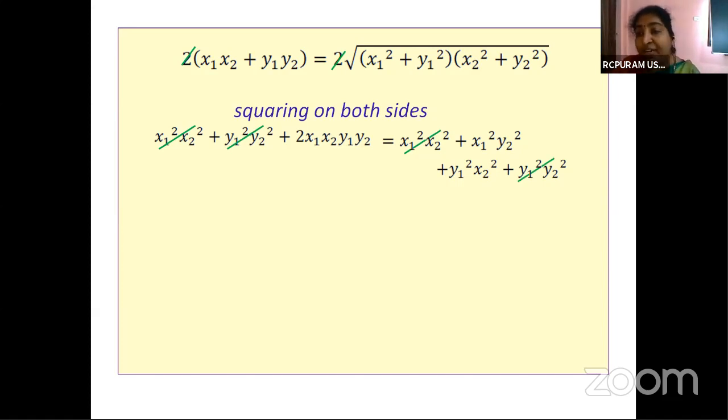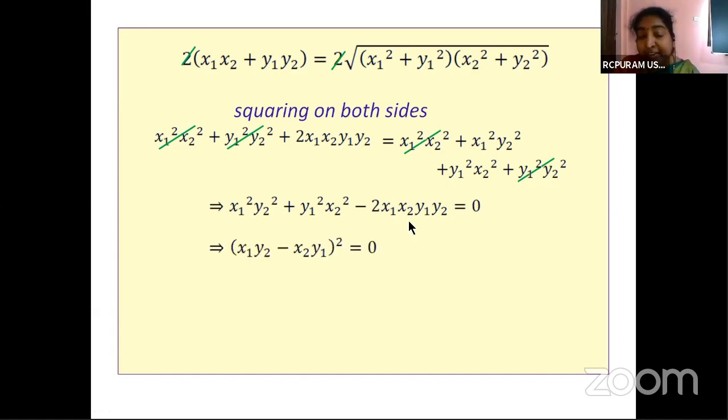some terms on your left and right hand sides. I will try to get all the terms to one side. Then I will get x1 square y2 square plus y1 square x2 square minus 2x1x2y1y2 equal to 0. Now, if you observe carefully, we can write this as (x1y2 minus x2y1) whole square equal to 0. Just expand this and see, again you will get this statement.